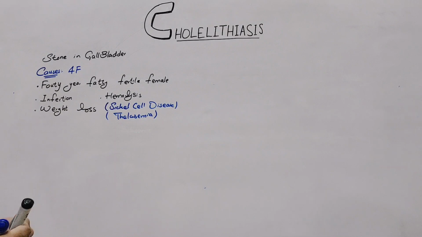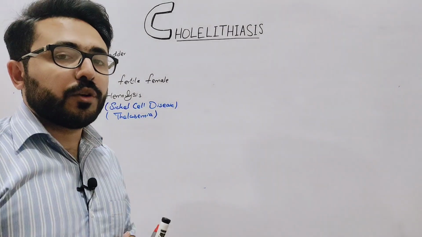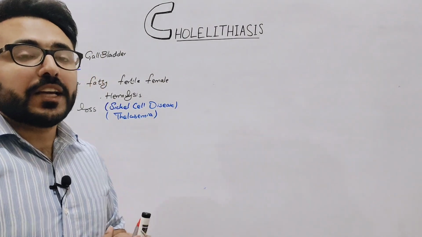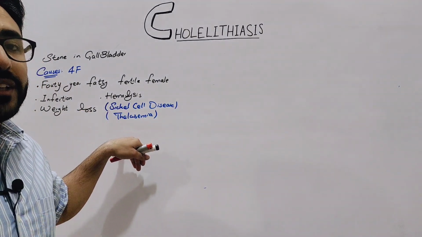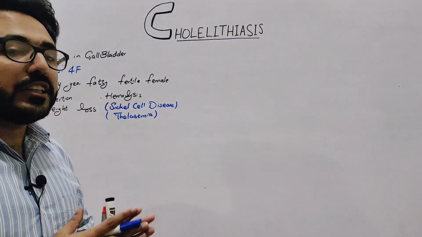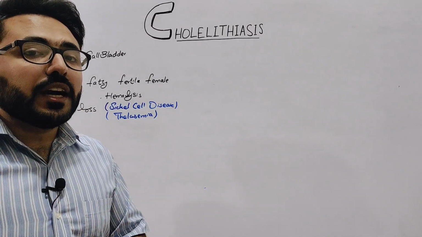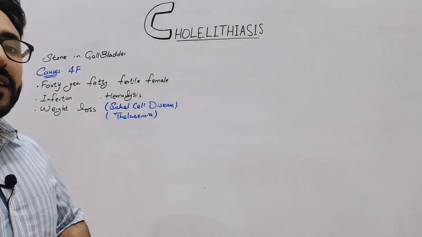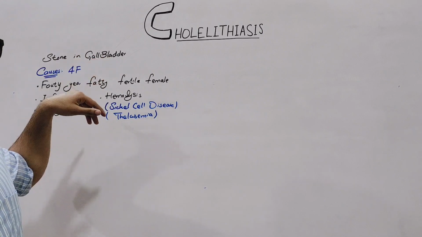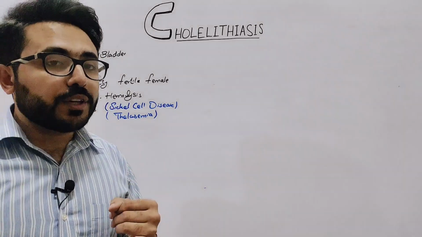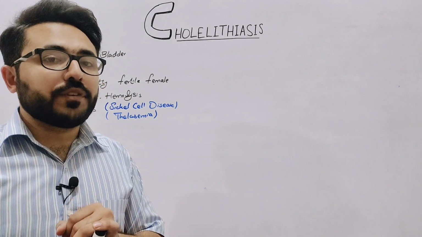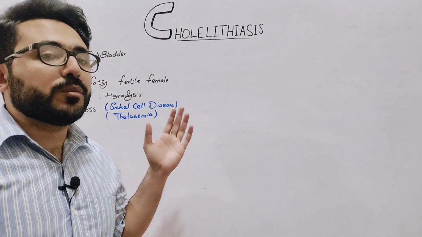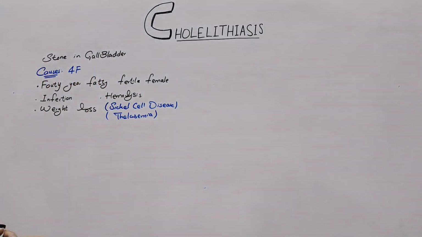So cholelithiasis is commonly found in patients having hemolytic conditions like sickle cell disease and thalassemia. Both are chronic conditions, so you may suspect it if these patients present with right upper quadrant pain. Other indications are age around 40, commonly in females, fertile and fatty. Obese patients are more prone to cholelithiasis.